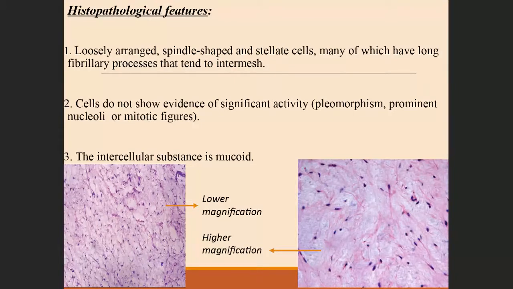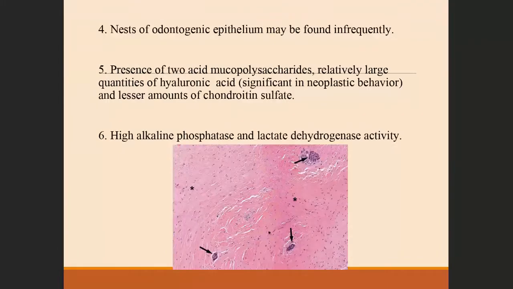Ultrastructural studies of the cells and the matrix show that it is rich in mucopolysaccharides. If you see your book, you can see many elements like lactate dehydrogenase, fibronectin, tenascin. But just remember that you can see an abundance of hyaluronic acid and a lesser amount of chondroitin sulfate.